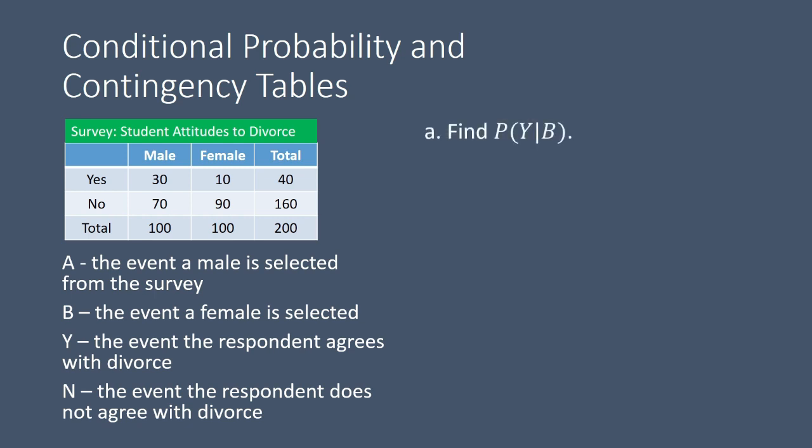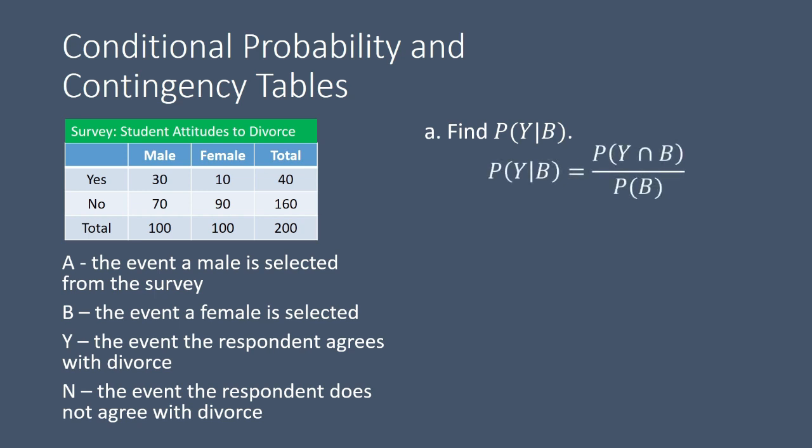Find P of Y given B. So how do you say it in words? Y given B is the event the respondent that is selected agrees with divorce, given that the respondent is a female.